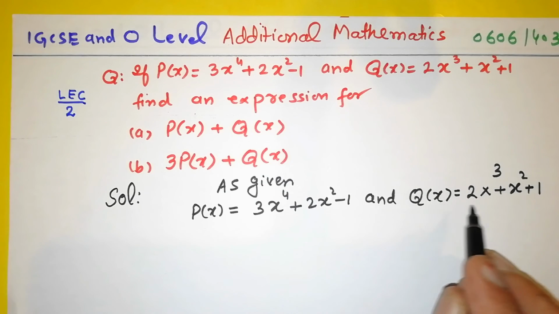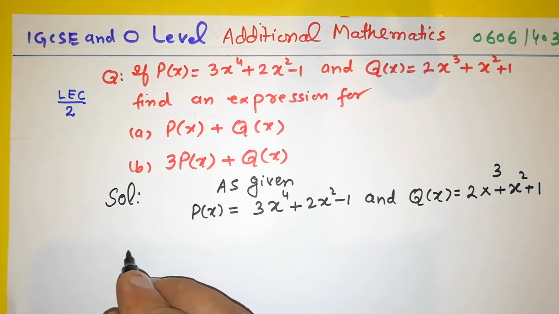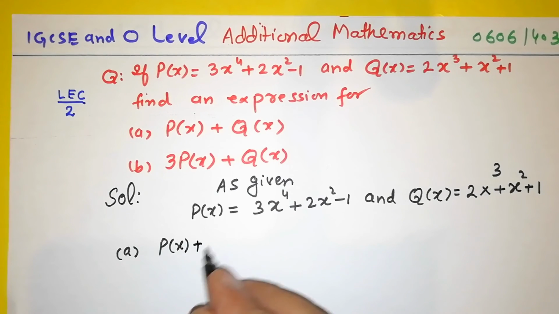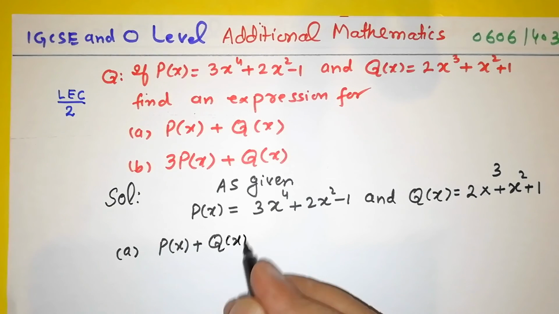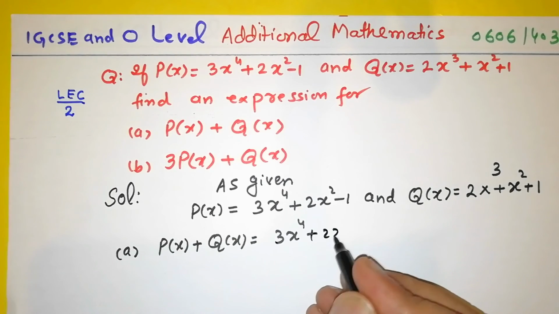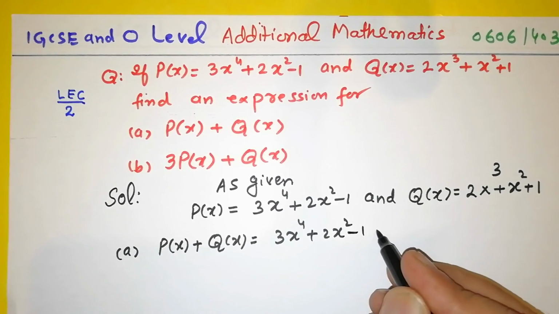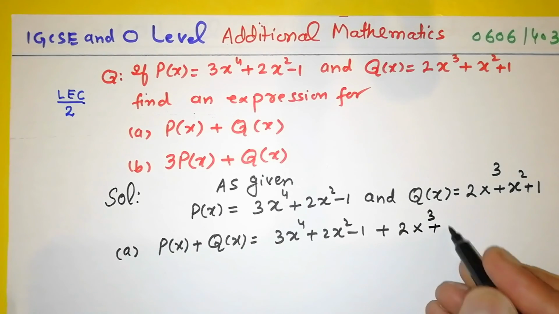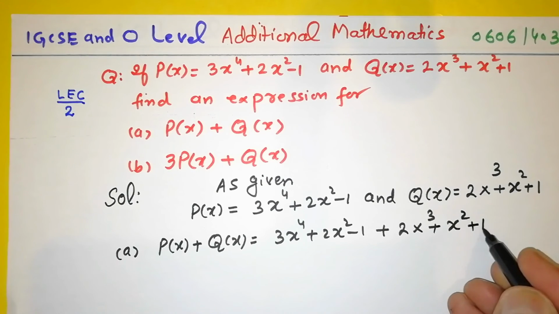Now we want to add these two polynomials in part A. Here is p(x) plus q(x), which means 3x^4 plus 2x^2 minus 1 plus 2x^3 plus x^2 plus 1.